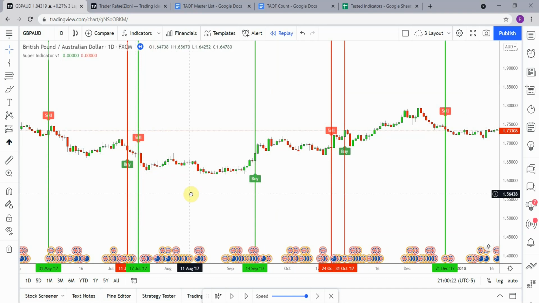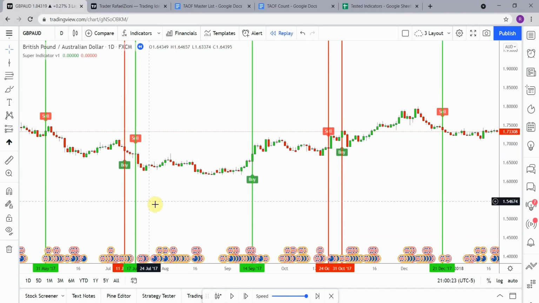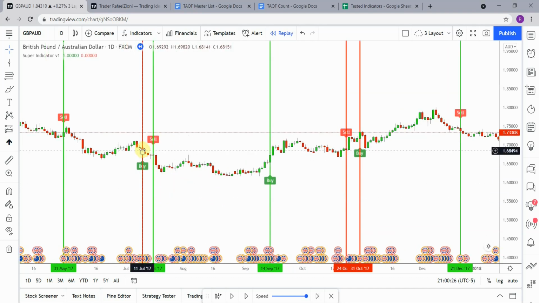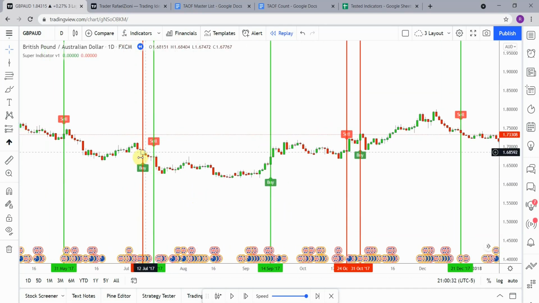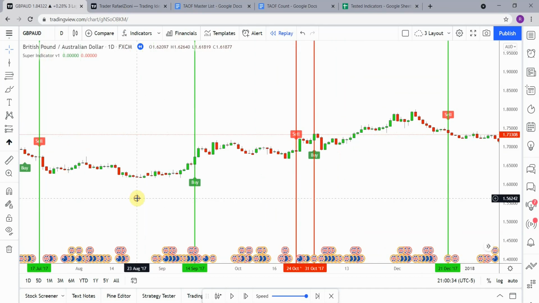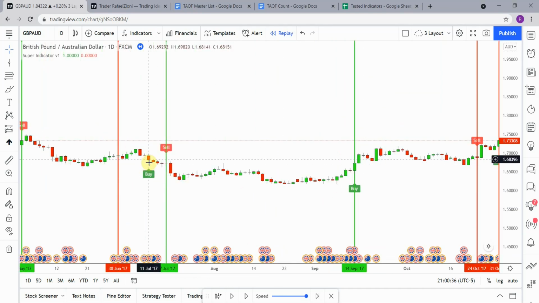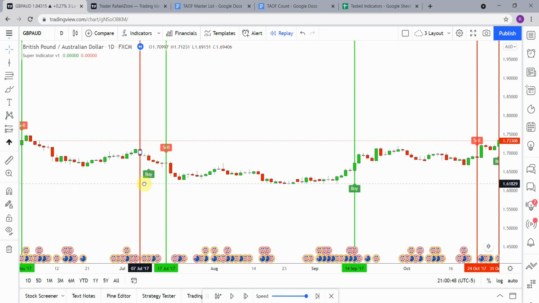Kind of a red flag is when it throws signals in areas where there's no reason for there to be a signal right there at all. Like right here on this one, there is no reason at all for there to be a buy signal right there. Price right here was kind of moving upwards, but at that moment it is either severely delayed or something weird was going on there.